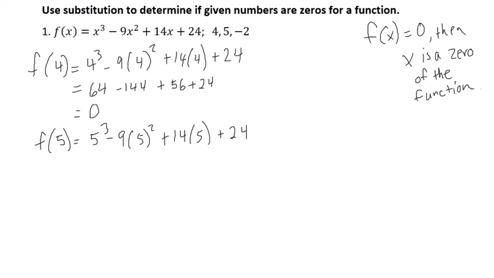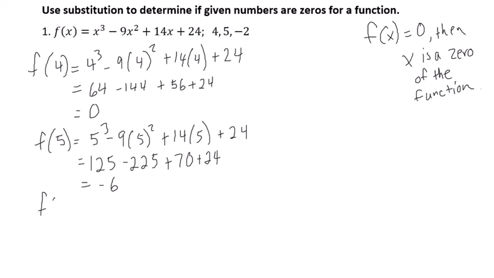So when we simplify that, we get 125 minus 225 plus 70 plus 24. Simplify that, you get minus 6. So 5 is not a 0 of the function.